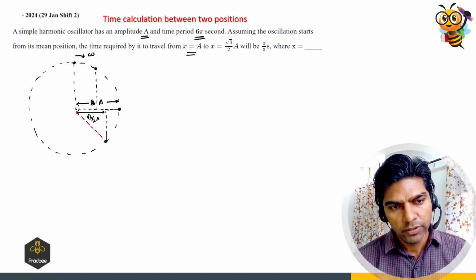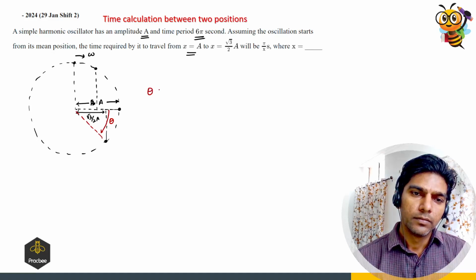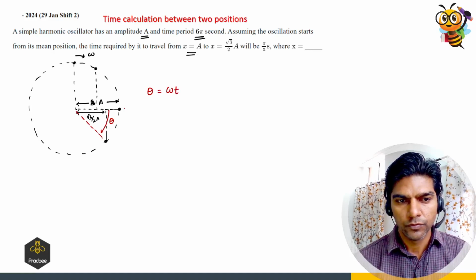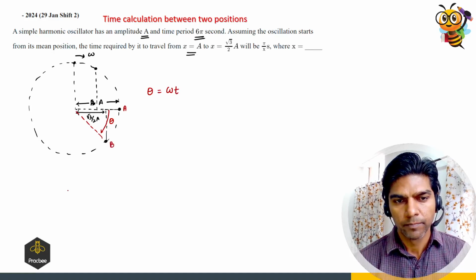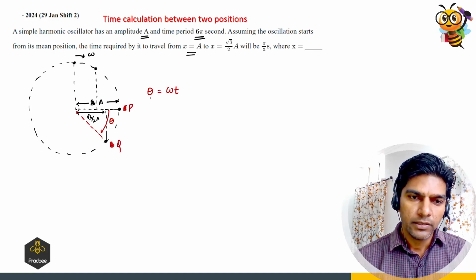So what is the angular displacement? Let us say this angular displacement is theta. So theta will be angular velocity times the duration from, say, point P to point Q, right? Now what is this theta?